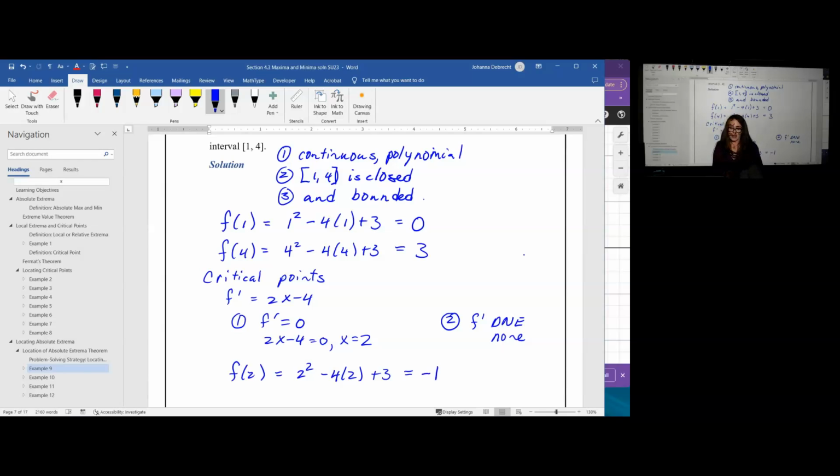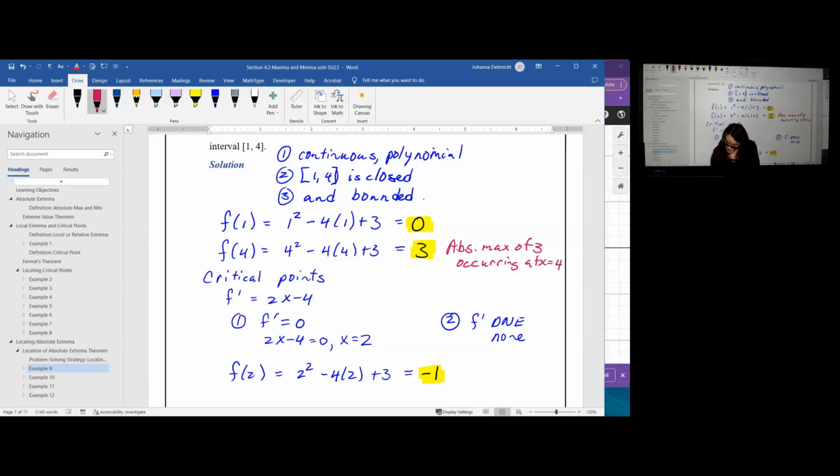When I look at these values, the next thing I want to do is find the highest y value and the lowest y value between the endpoints and any critical points I found. The highest one is 3. So I have an absolute maximum of 3, which is occurring at x equal 4.